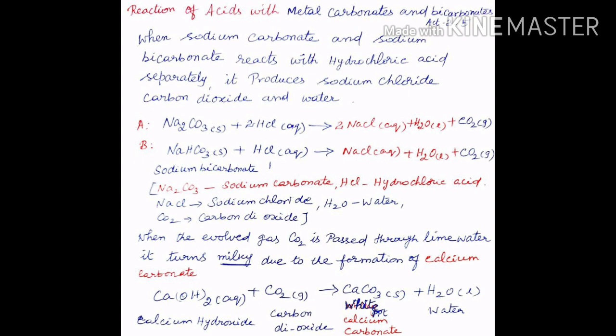When the evolved gas CO2 is passed through lime water, it turns milky due to the formation of calcium carbonate. The equation for the reaction is Ca(OH)2 plus CO2 gives CaCO3 plus H2O. Ca(OH)2 calcium hydroxide, CO2 carbon dioxide, then calcium carbonate CaCO3.